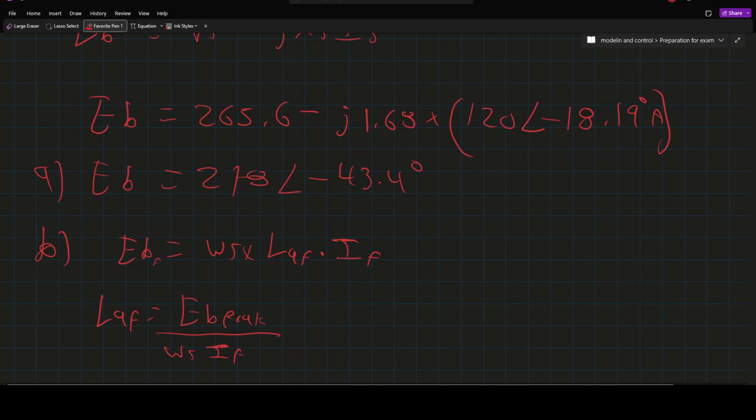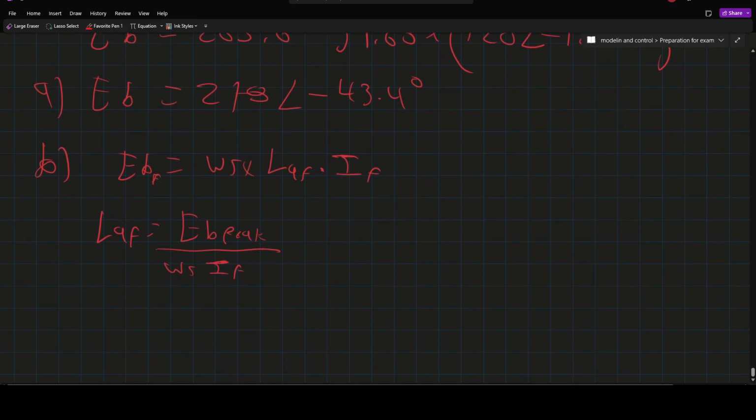This is peak because remember, our inductance is not a phasor. It's just a value, and we know that our speed is going to be 2 pi times 60. That's 120 pi.